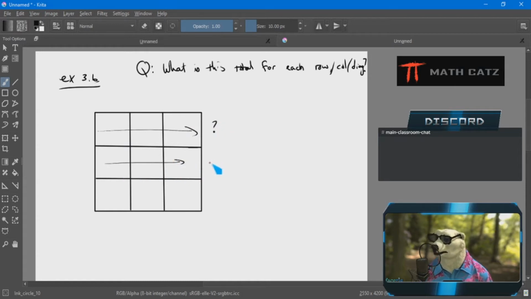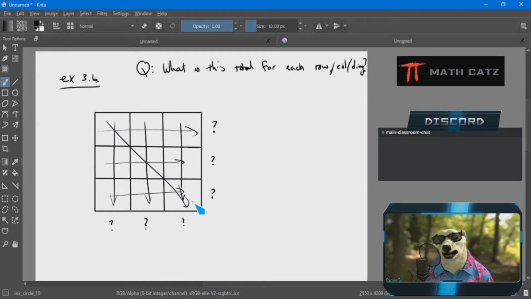Let's call it question mark. That question mark is going to be the same answer I get when I add the second row, third row. This column is going to give me the same number. This column, the same number. This one, the same number. And the diagonals. Okay, now it gets overwhelming. What if I just focus on the rows? Let's just do the rows.